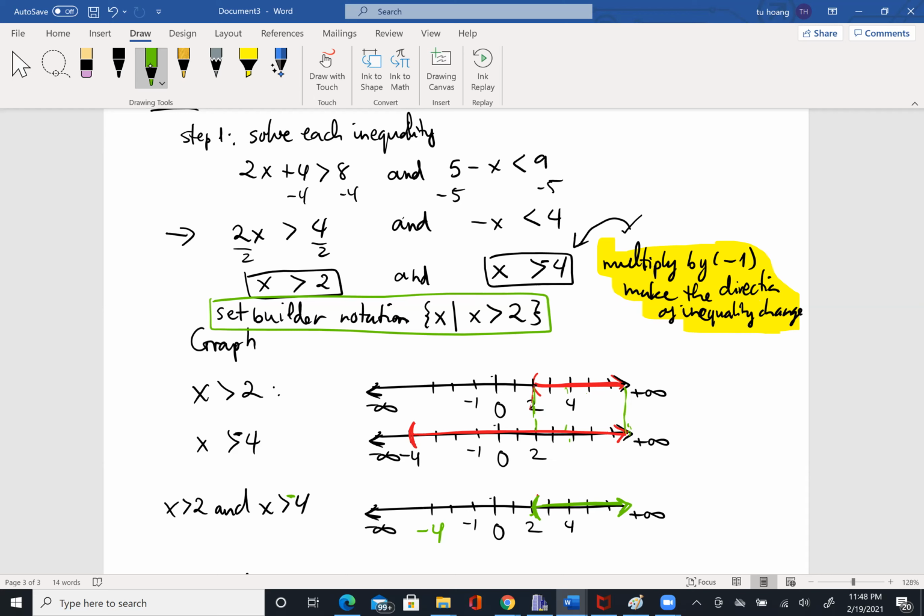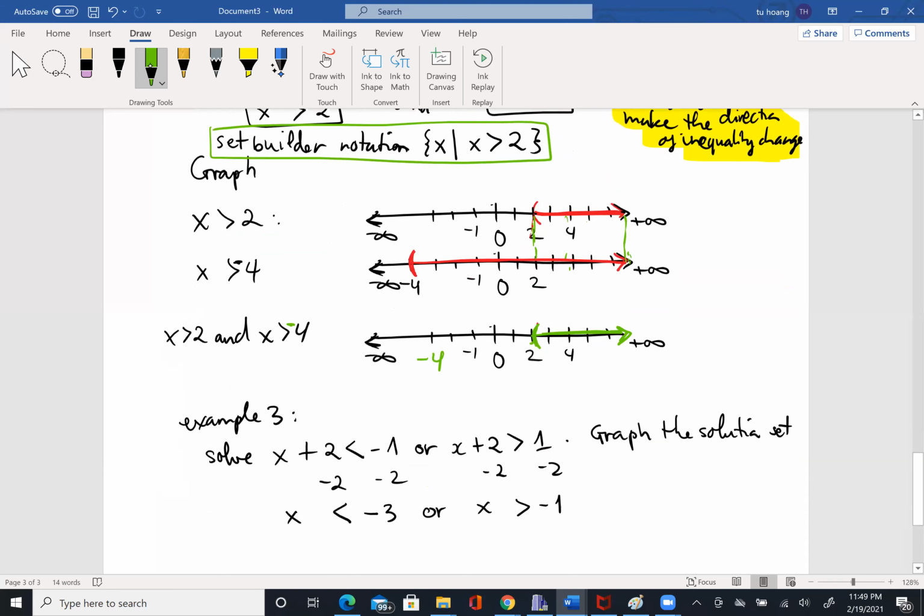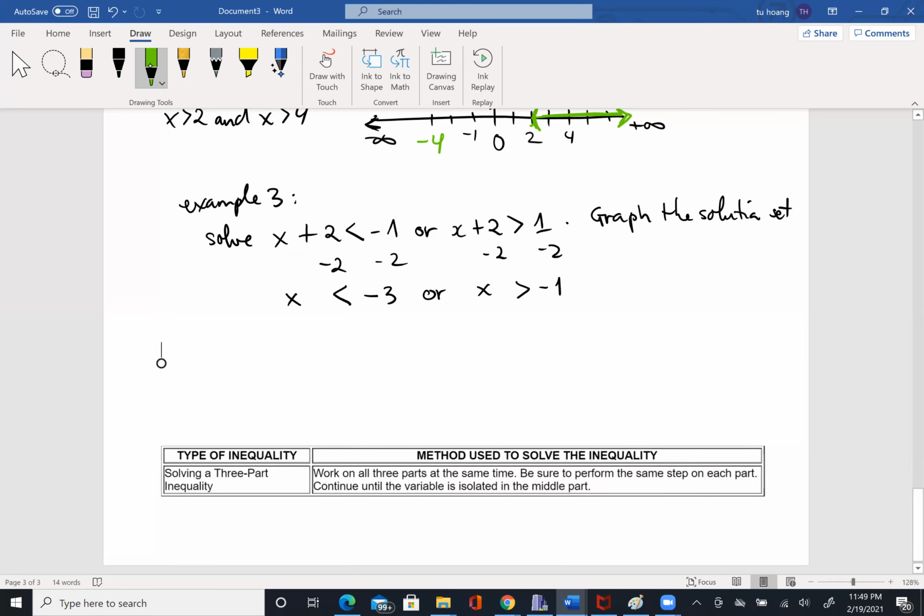So x greater than 2 satisfies both of these two inequalities. Okay, so now let's move down to example 3.